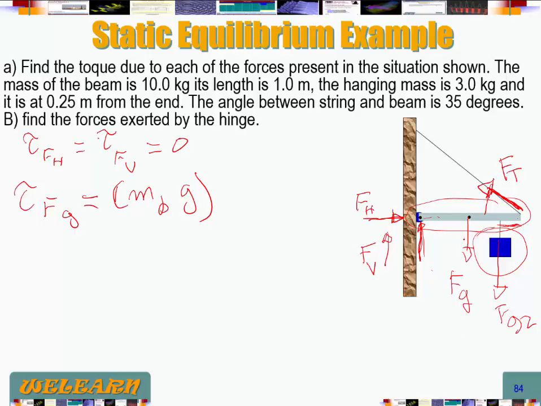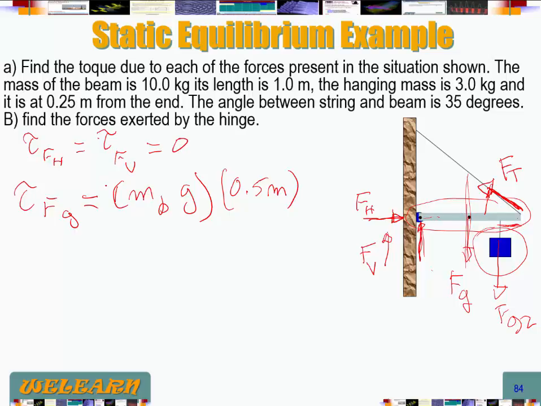This is a simple geometric configuration, so the shortest distance between here and the pivot is half of the length of the beam, so that's going to be 0.5 meters. Now, if we forget about all the other forces and consider only Fg, it is going to rotate the beam in the clockwise direction.